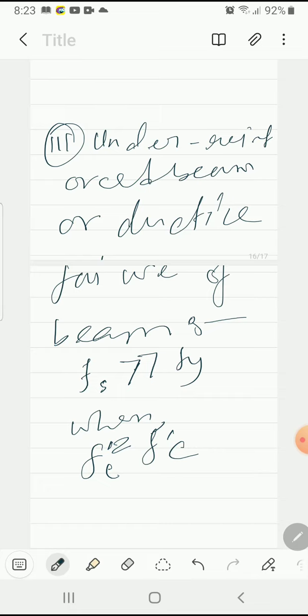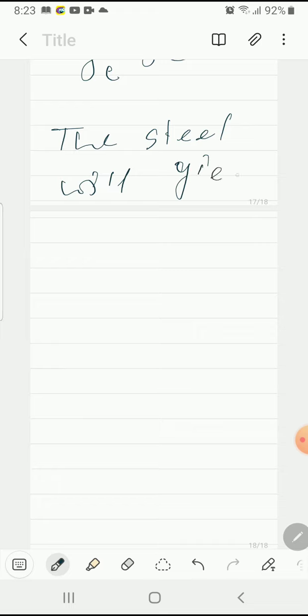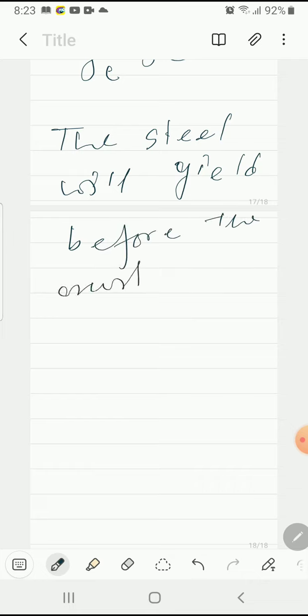Okay, that is, the steel will yield before the crushing of concrete.